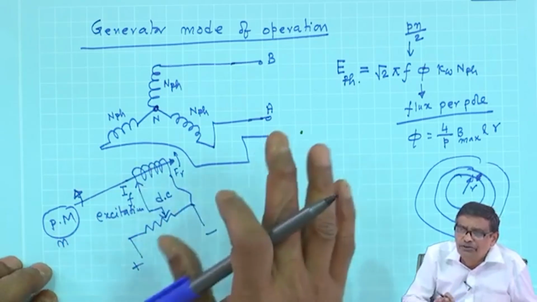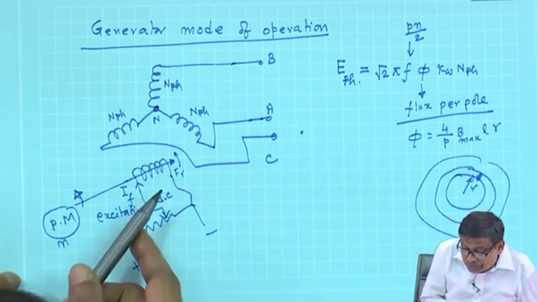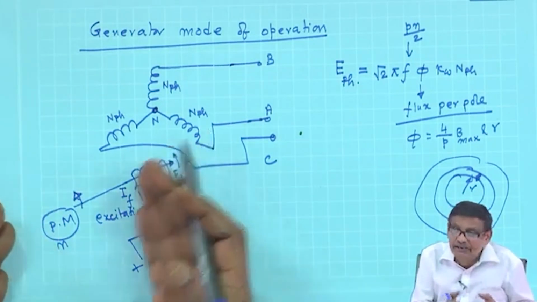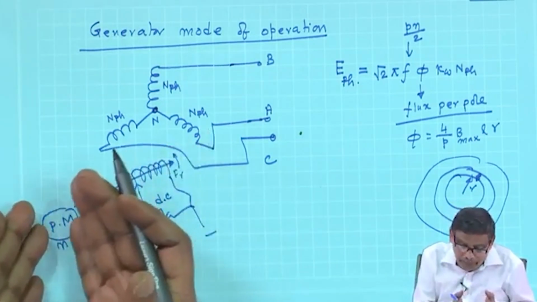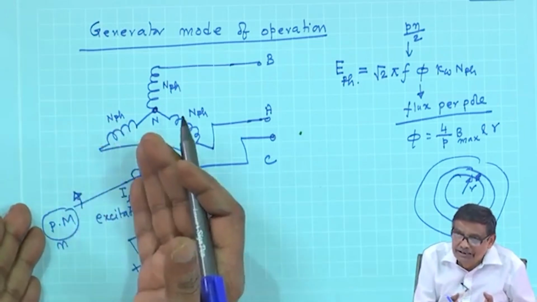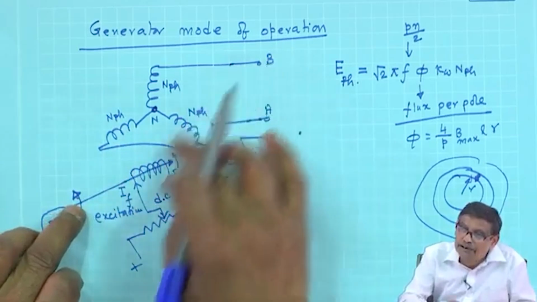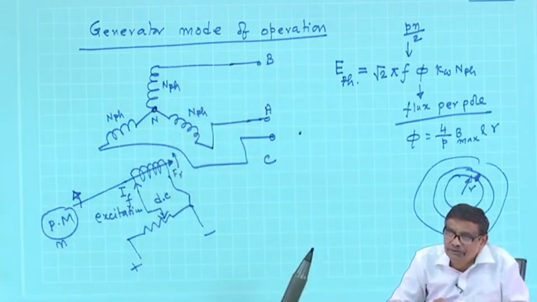Suppose let us assume there is no friction absolutely. So, to run the rotor at some speed, no torque is acting on this. Therefore, torque developed by the machine is also 0.